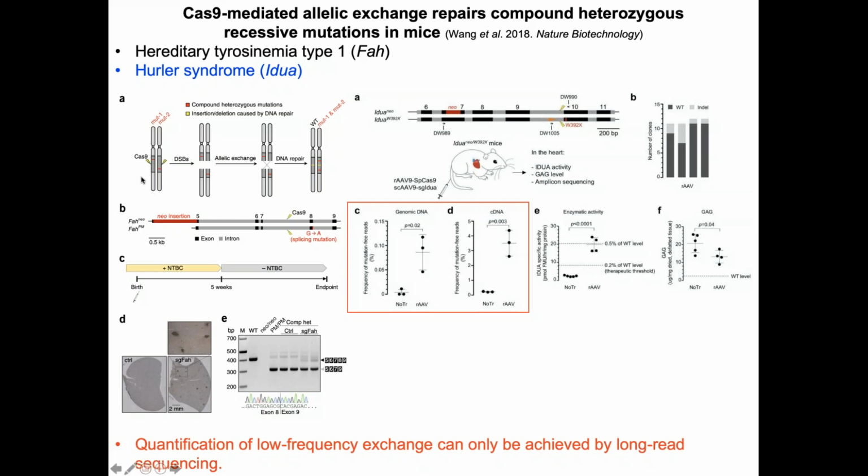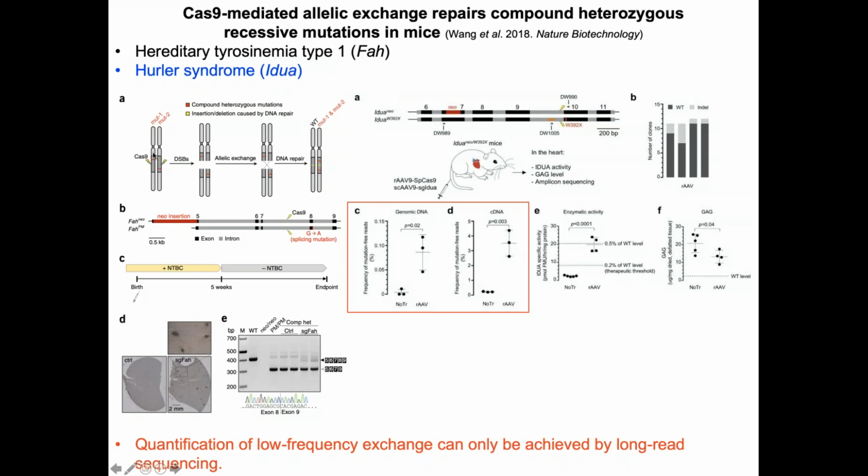So just to back up a little bit and to clarify what this class of recessive mutations is. Recessive mutations, of course, only yield a disease phenotype when you get two copies of mutated genes, one from each parent. It's not always true that the mutation is the same, and therefore it complicates the editing strategy.